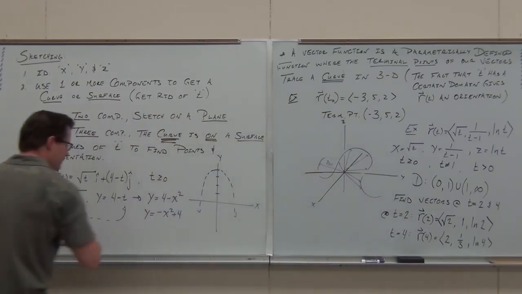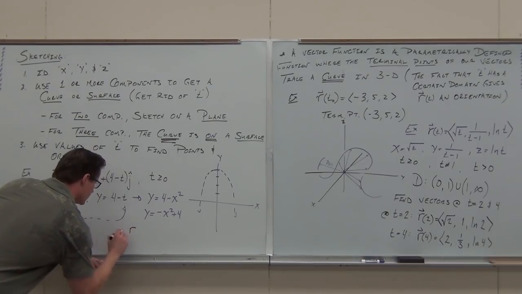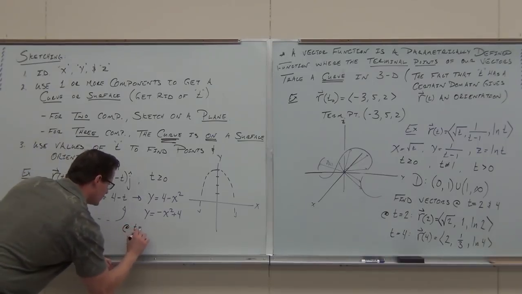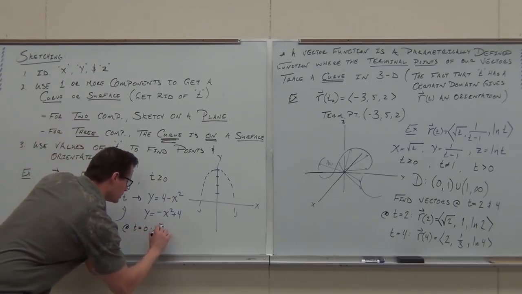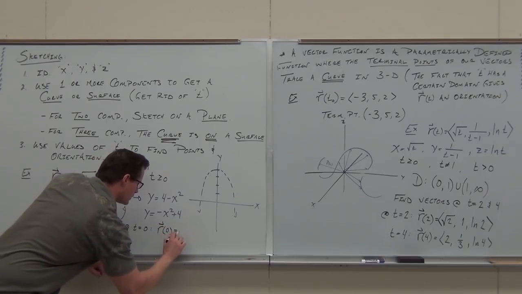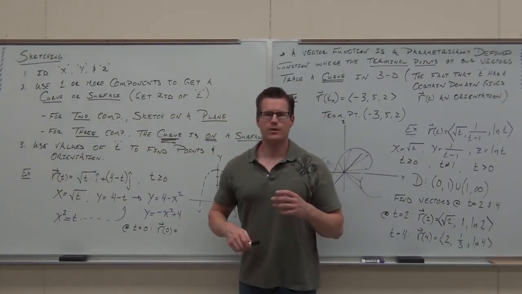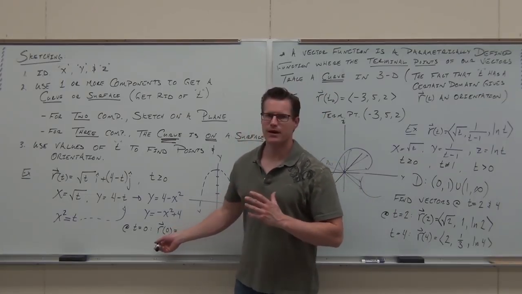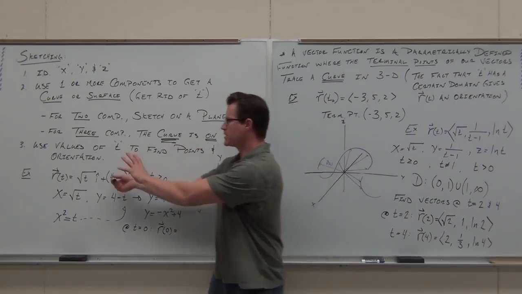So if I plug in t equals 0, listen though, where we're plugging points in, they have to be values of t. They're not values of x or values of y. They're values of t. So we go back and we use this thing.